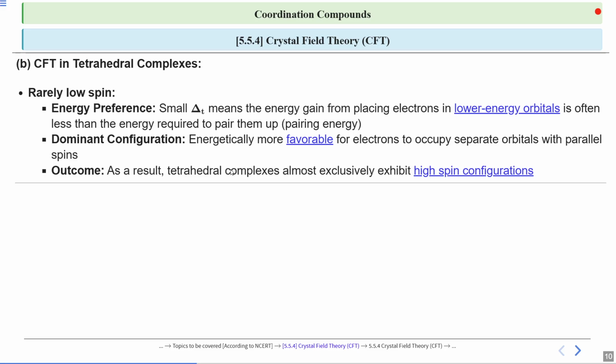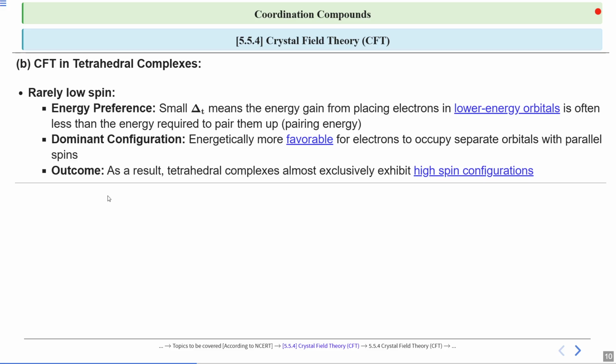And what is going to be the outcome? As a result, tetrahedral complexes almost exclusively exhibit the high spin configuration. That's why we are saying that tetrahedral complexes almost exclusively exhibit high spin configuration.